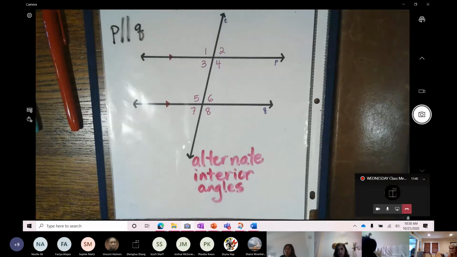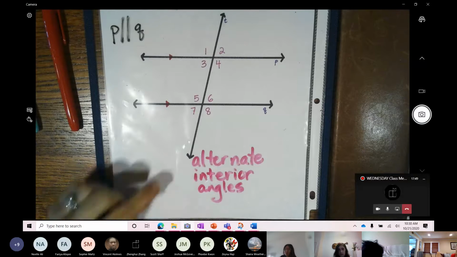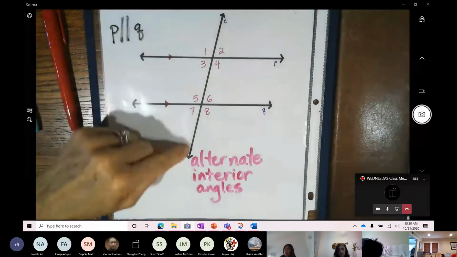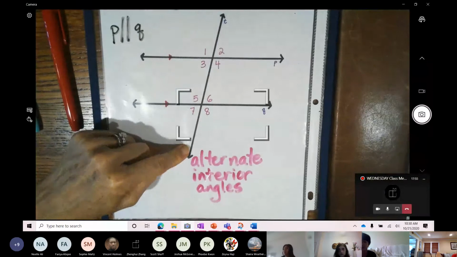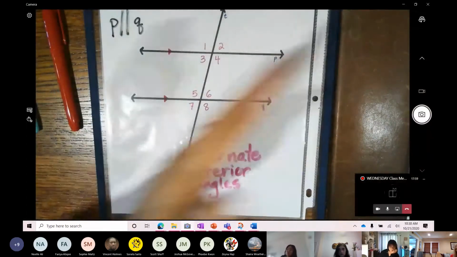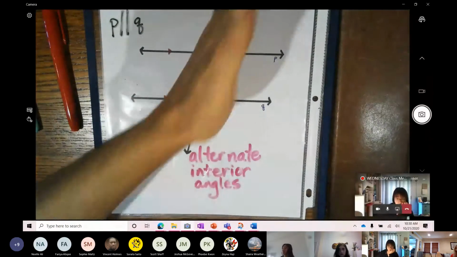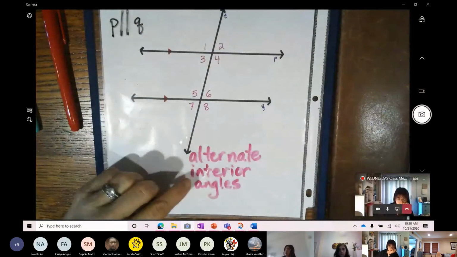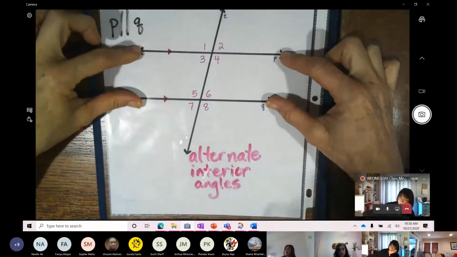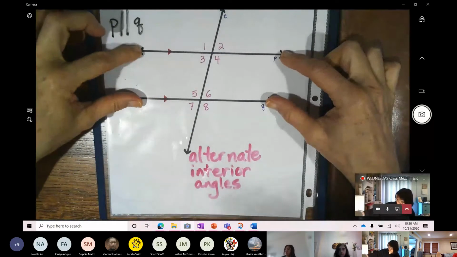Now, alternate interior angles, again, means something specific. Alternate means opposite sides of the transversal. So one's on the right, one's on the left. Interior means, think of these two parallel lines as like chopsticks.